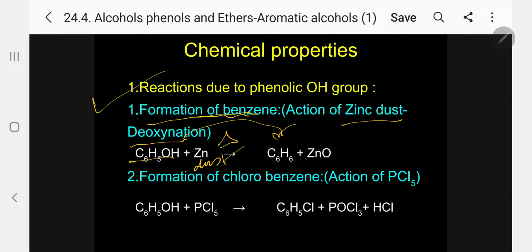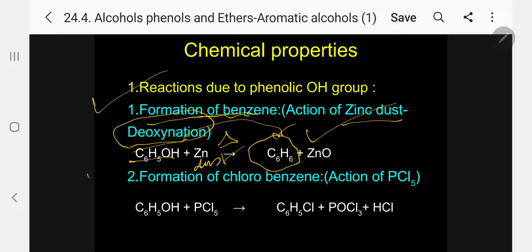This method is called deoxidation. Whenever you want to remove oxygen from a phenolic compound, you heat with zinc. It will convert to zinc oxide, the oxygen will be removed, and you will now get benzene. Please follow. This is the most important reaction.